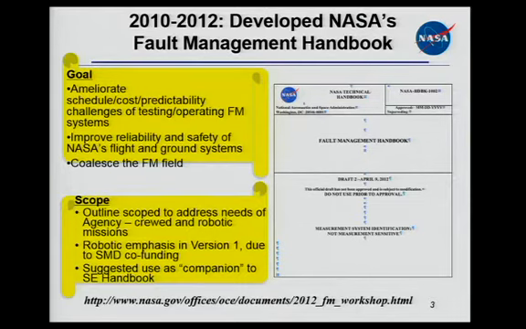So we made this attempt to write a fault management handbook, and we outlined it to address the needs of the agency, but the funding was coming from SMD, so it was very much tailored to the deep space mission or the science missions. And we looked at it as a companion to the systems engineering handbook.